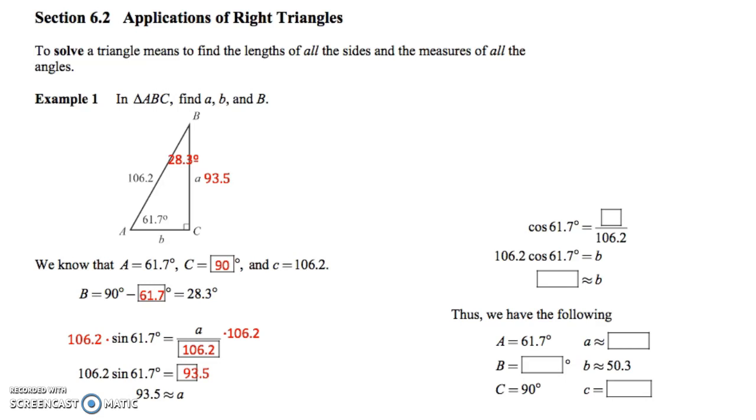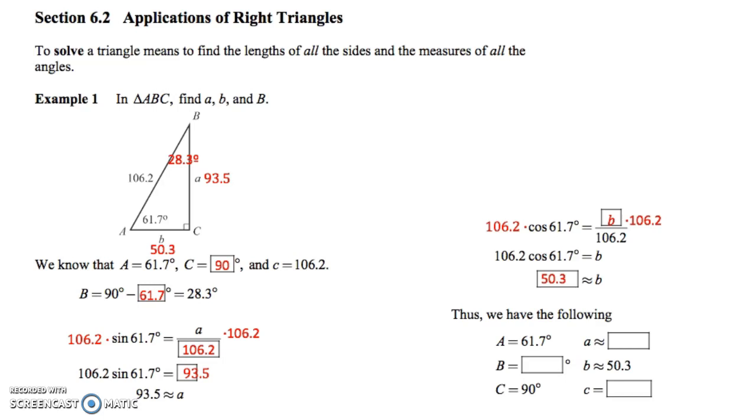Now we need to find side B. We can use cosine for this one because cosine is adjacent, which is B, over hypotenuse of 106.2. Multiplying both sides by 106.2, we see that side B is approximately 50.3.